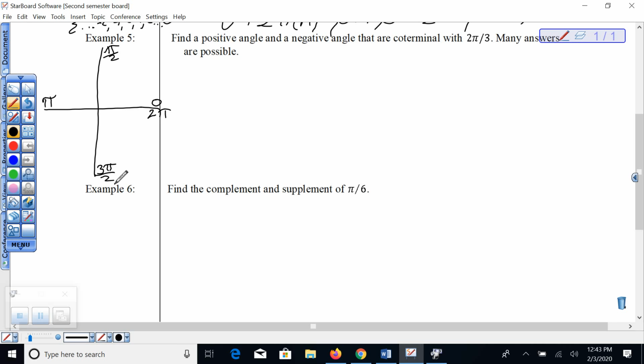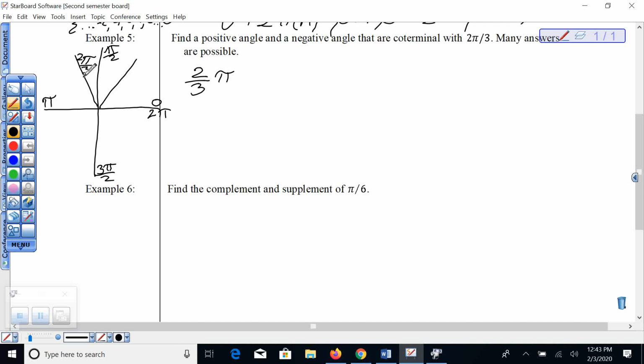Quadrant 1, 2, 3, or 4. Think of it as 2/3 of pi. Where would that be? Quadrant 2, right? We just take pi and we cut it in thirds, right? So we come here and here. So this would be 2 pi over 3 radians.